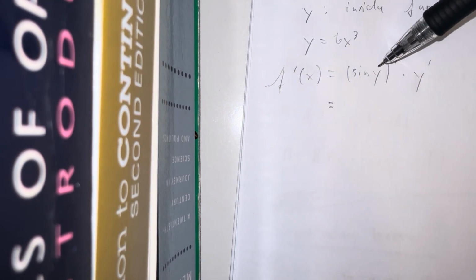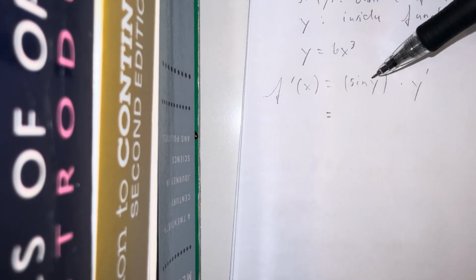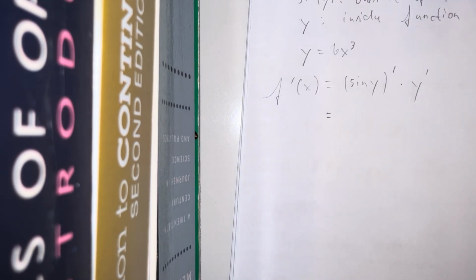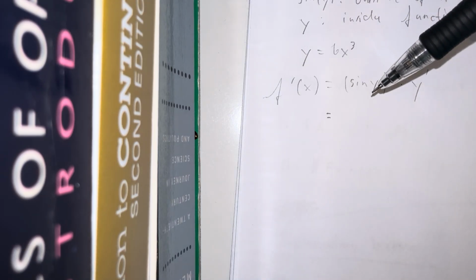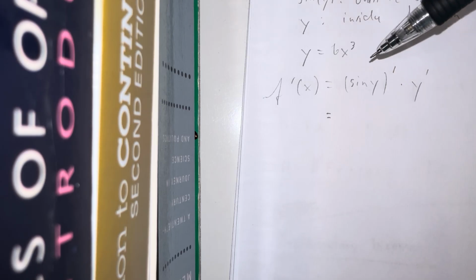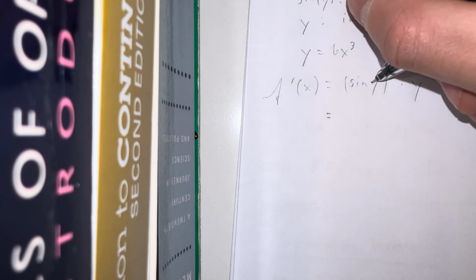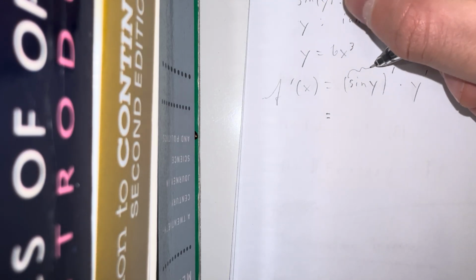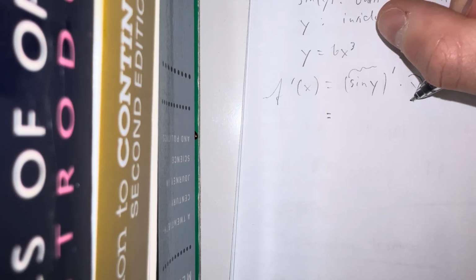Now I'm using y here to show you that everything inside the sine is the inside function. And I'm using y here to not make it too complicated. Hopefully it makes sense. But to clearly show you what is the outside function and what is the inside function.